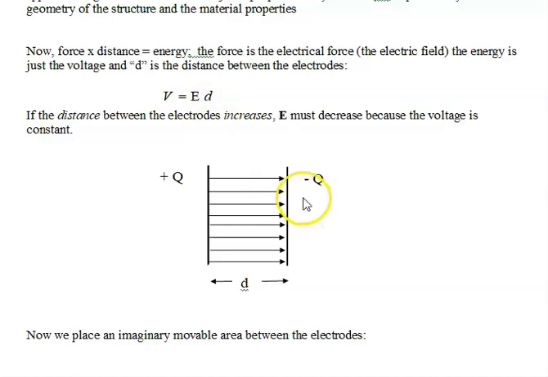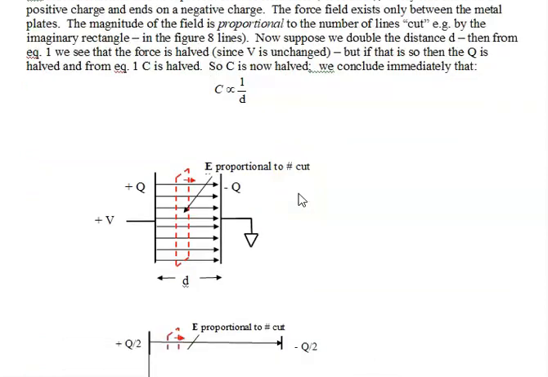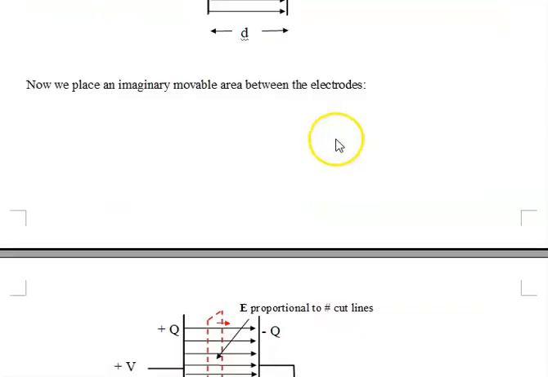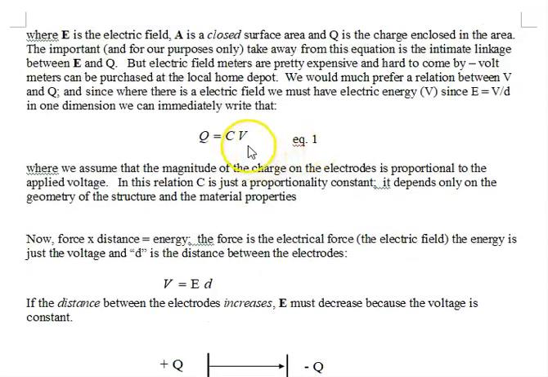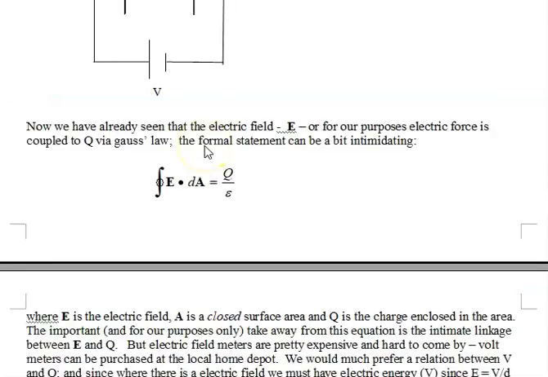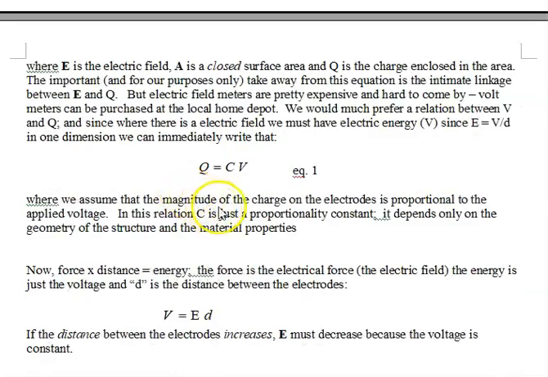And therefore, the capacitance must be proportional to 1 divided by D. And we can see that right here. V is constant. Electric field goes down by a factor of 2, which means that Q goes down by a factor of 2, which means that C goes down by a factor of 2. Ooh, that's a lot to remember, but you can follow the logic, and hopefully it's not too obtuse.